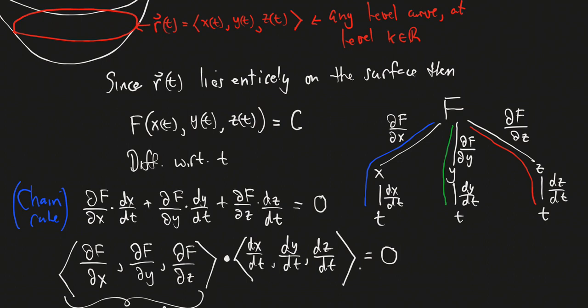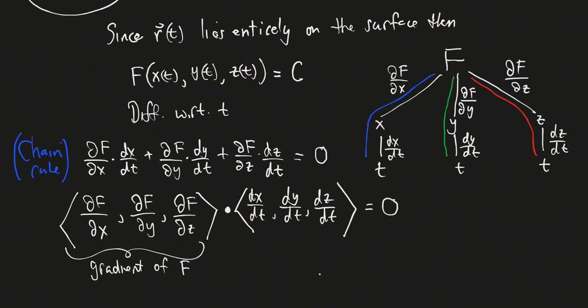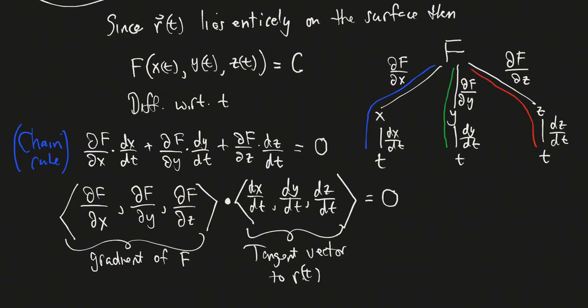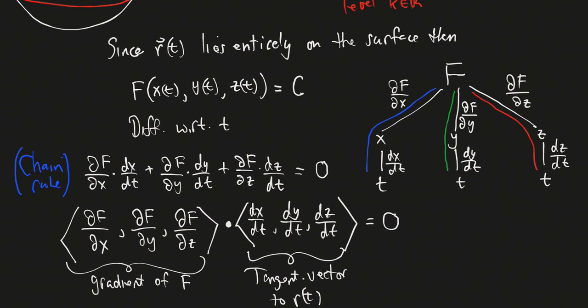So this vector here is r prime. And there are several ways you can interpret it. You can talk about velocity, but just more generally, this vector here is the tangent vector. This is our tangent vector to r of t.